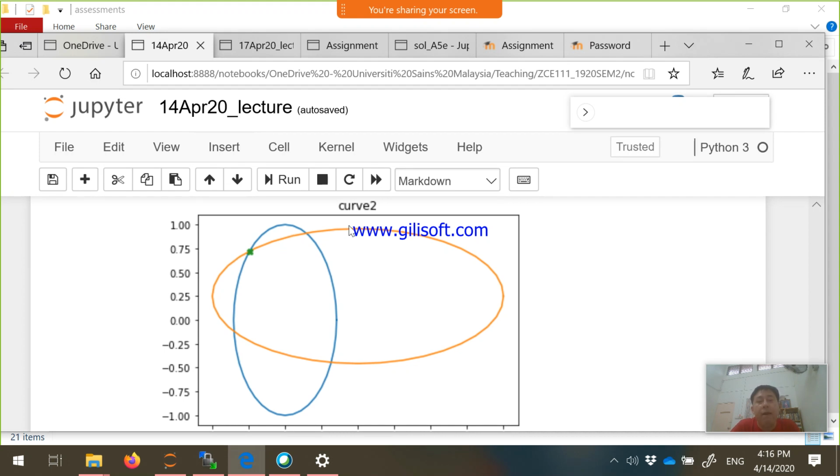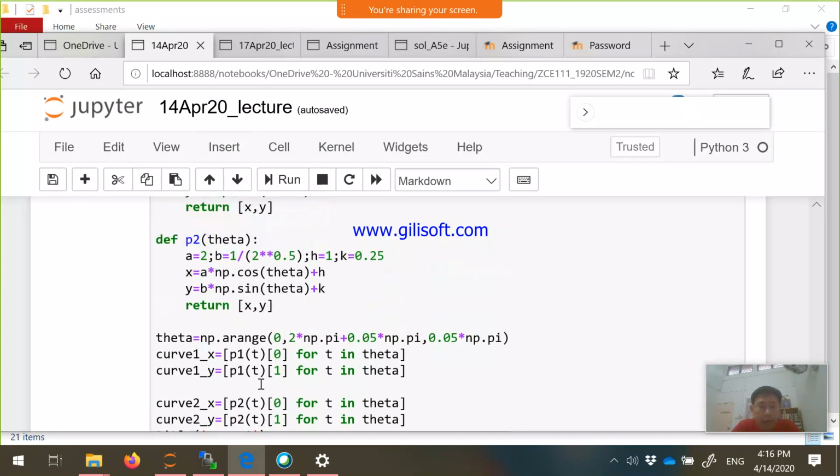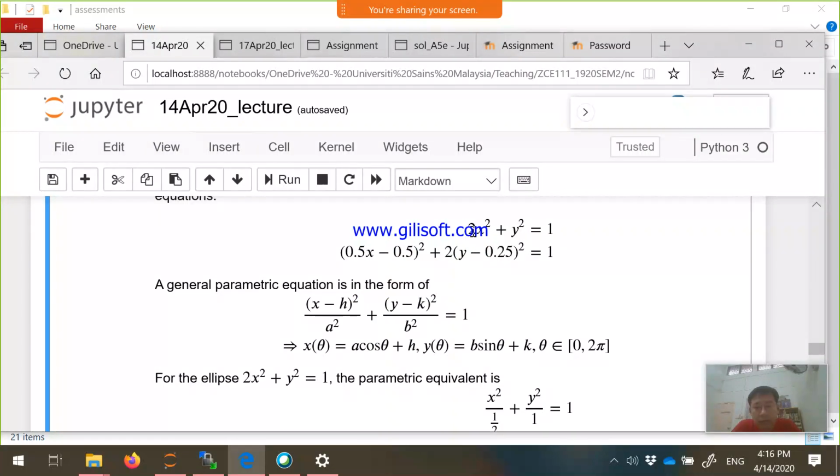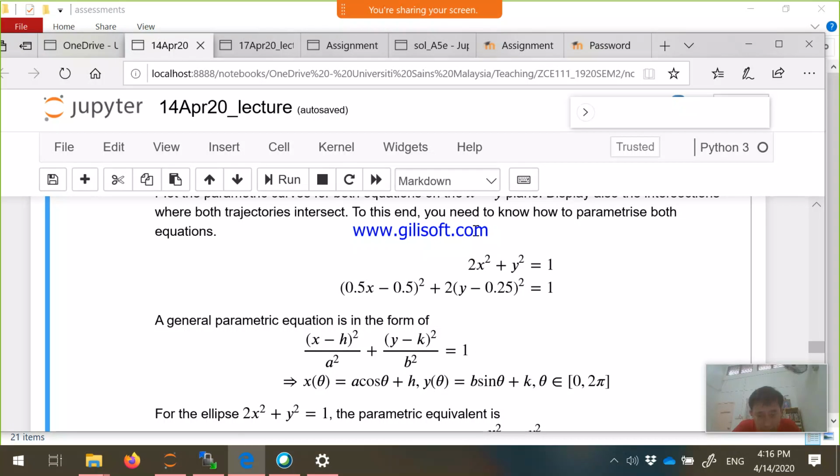If you describe the pair of parametric equations correctly, then you'll be able to generate this ellipse. And you also have to find out what the parametric equation is that describes this ellipse. So you have to know how to convert an elliptic equation into a parametric equation. This is what I'm going to explain to you.